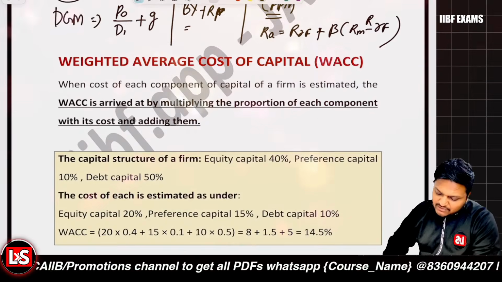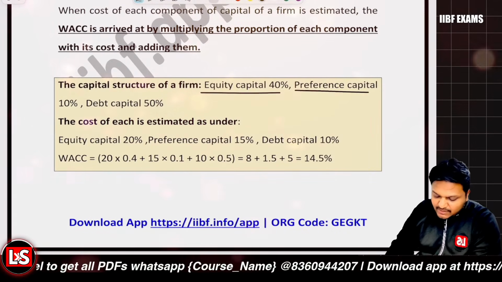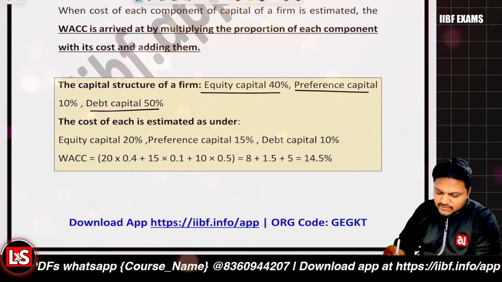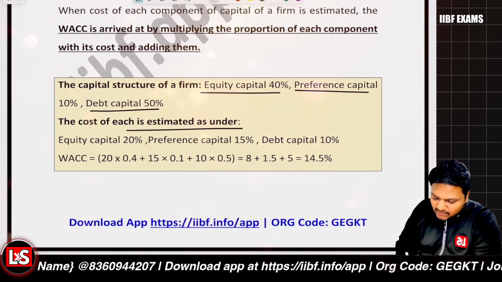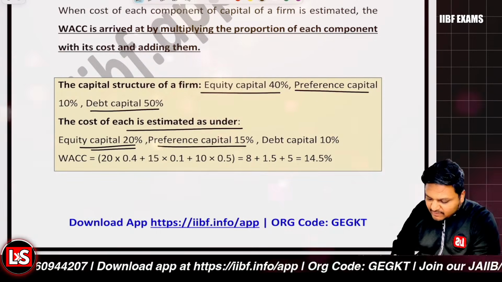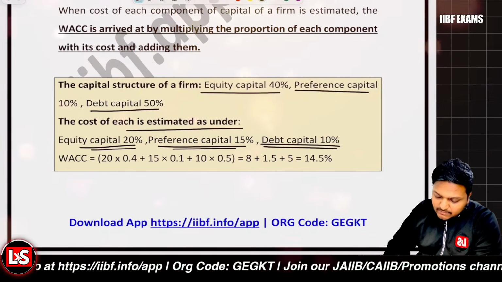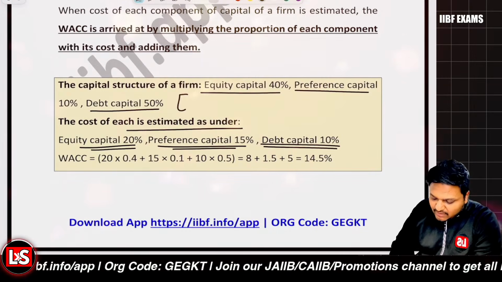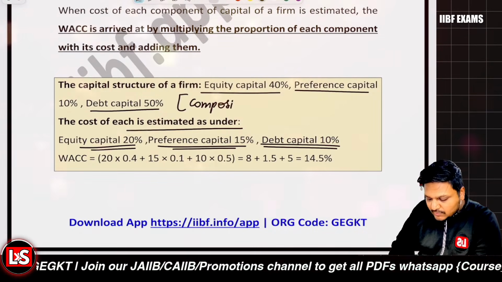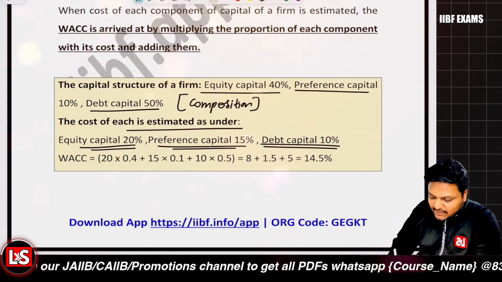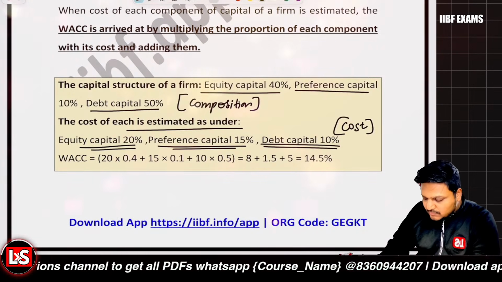So the capital structure of the firm is given to be equity capital 40%, preference capital 10%, debt capital 50%. The cost of each is estimated as under: equity capital cost is 20%, preference capital 15%, debt capital 10%. Now the composition is given here, and here we are given the cost, right?